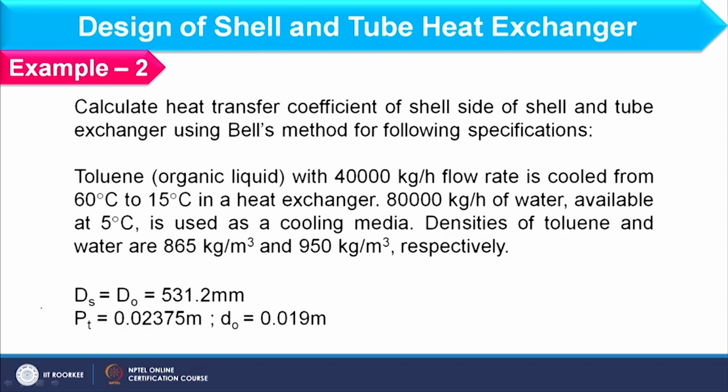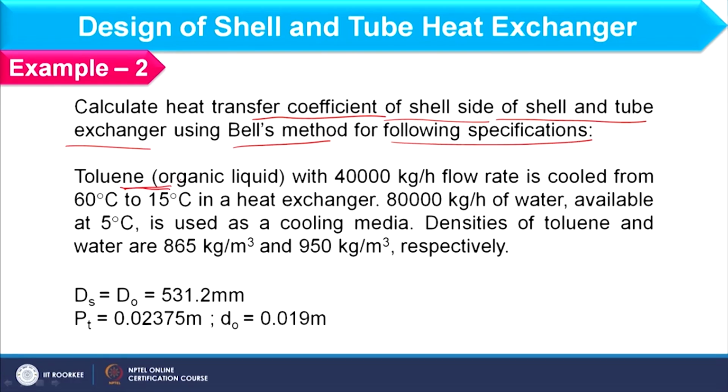So, let us start with example 2. In this example, you have to calculate the heat transfer coefficient on the shell side of a shell and tube heat exchanger using Bell's method for the following specifications.